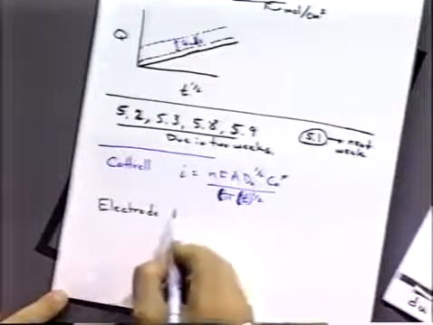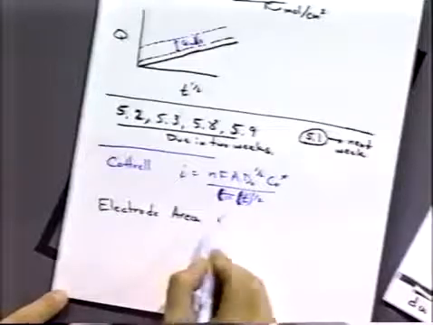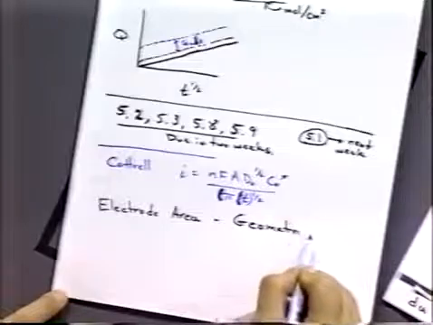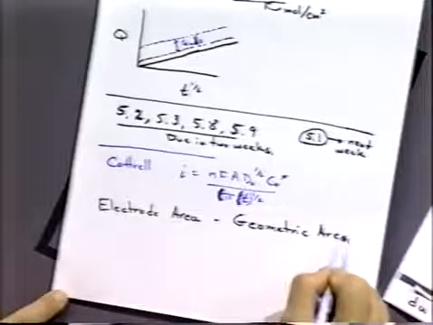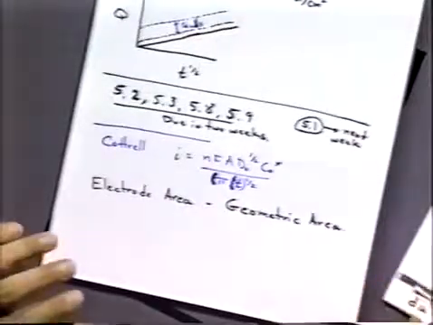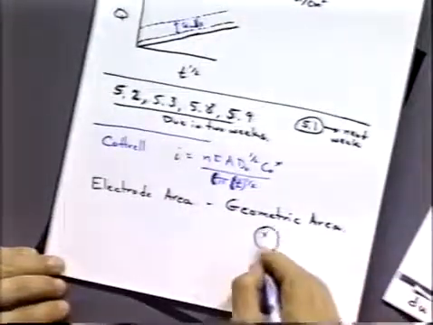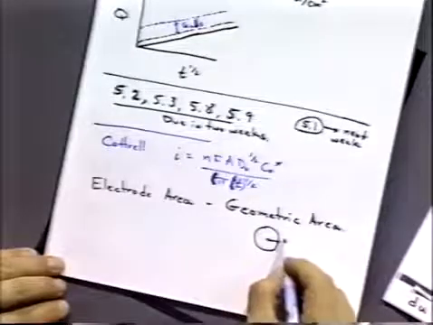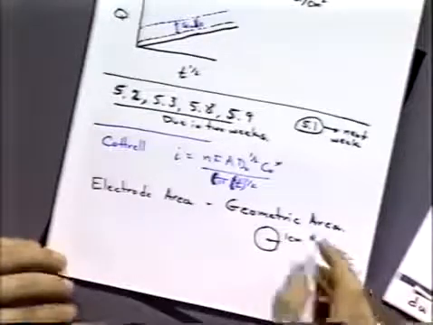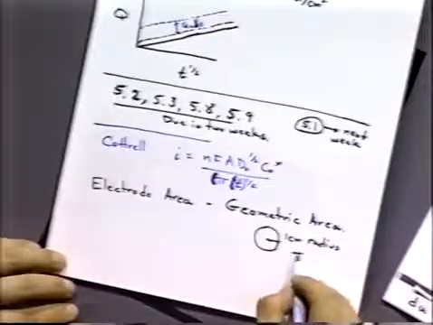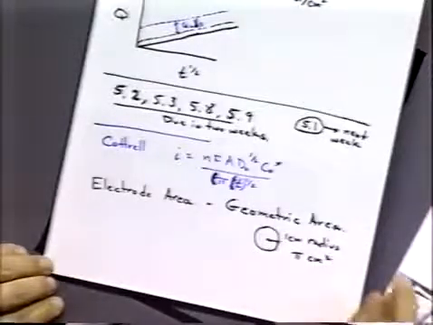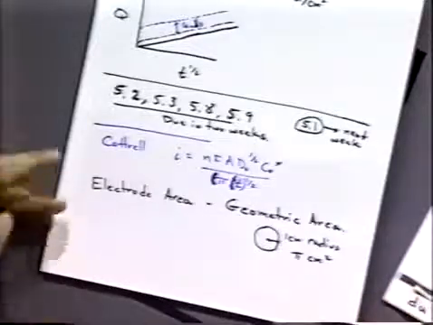We can think about electrode area in a couple of different ways. One is we can think about the geometric area. It's often something that people would say, well, I have an area, it's got a radius of 1 centimeter, and so my area is pi. All right, well that's a geometric area.